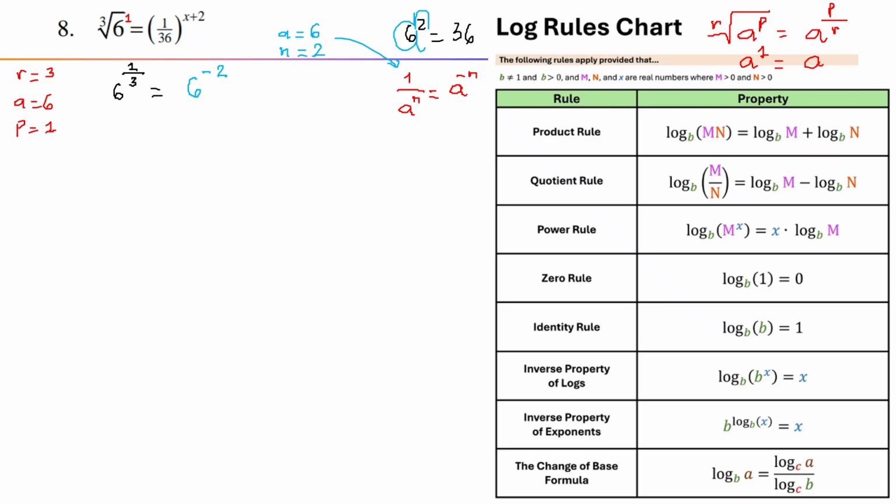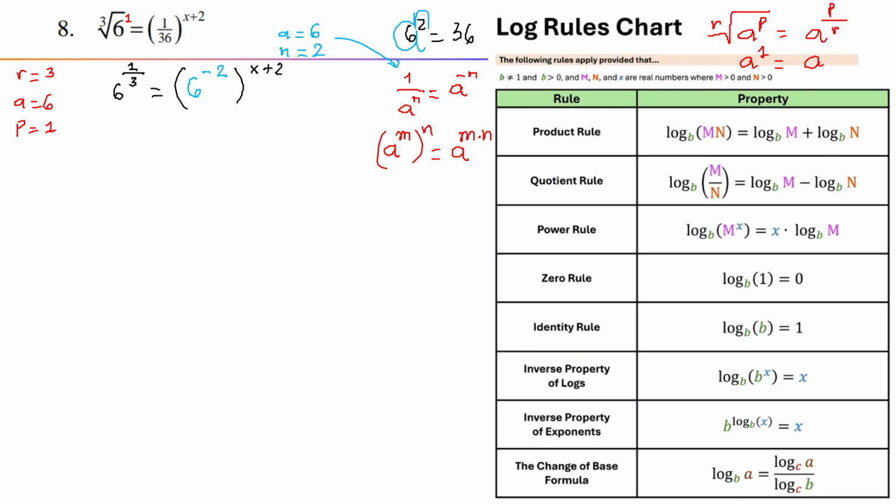And this is 1 over 36, we just rewrite it, to the power of x plus 2 outside. And we apply the formula we used in the previous question. We'll have a to the power of m, to the power of n, that is a to the power of m times n.